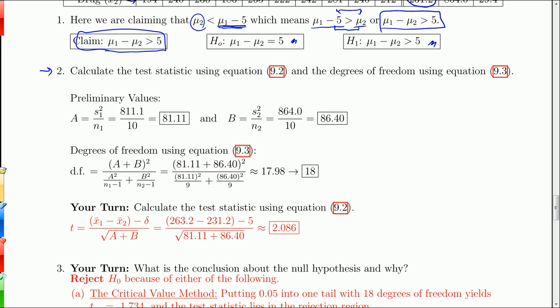The degrees of freedom stays the same, and in fact the A and B, everything stays the same, until you get down here to the test statistic. Now this delta is not 0, it's a 5. So we take the difference in sample means and subtract 5 and then divide by the square root of this sum. You get 2.086. So that's the test statistic.